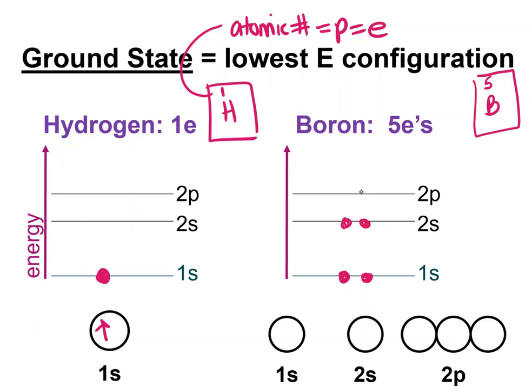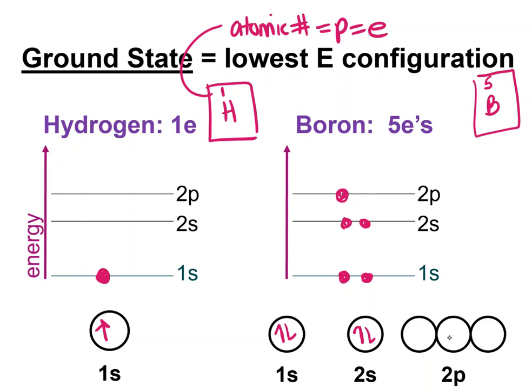And then I'm going to the 2p, which is slightly higher energy, and I only have one left. Okay, so when I draw these, I'll do one up and one down. Each orbital can hold 2, and they have to have opposite spins. One up, one down. And then when I get to the 2p, I only have one electron.